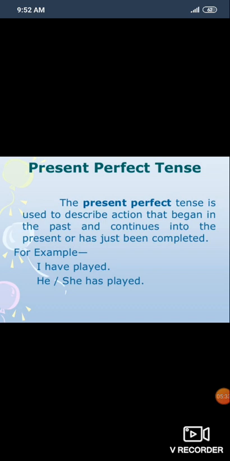Here you can see in the example, I have played, he, she has played. So with I we are using have, with he, she we are using has, and played is the third form of play, that is play, played, played. So here the third form is used in the present perfect tense.